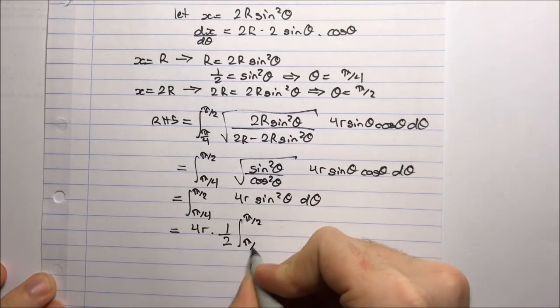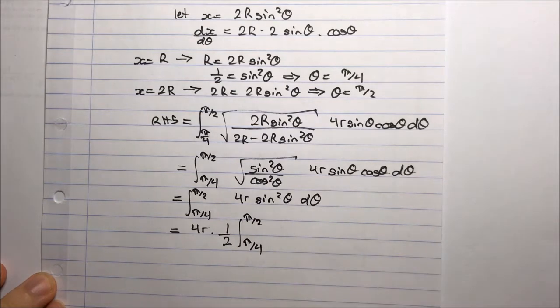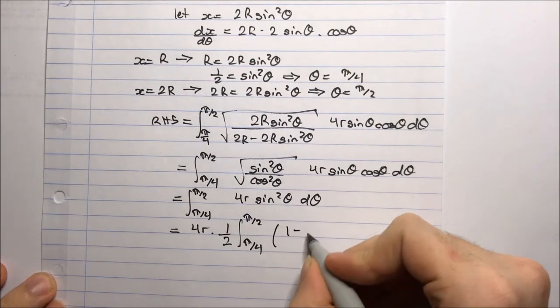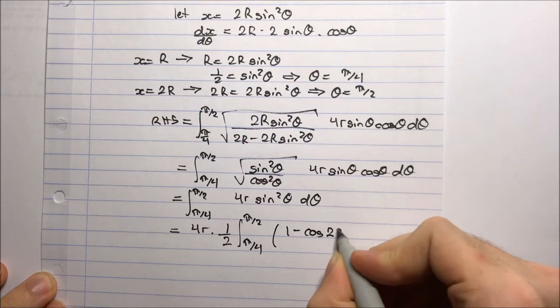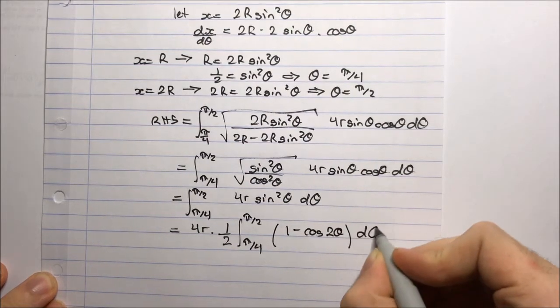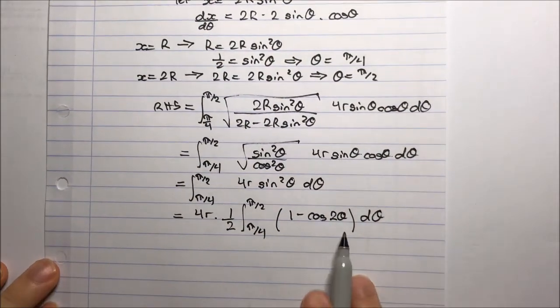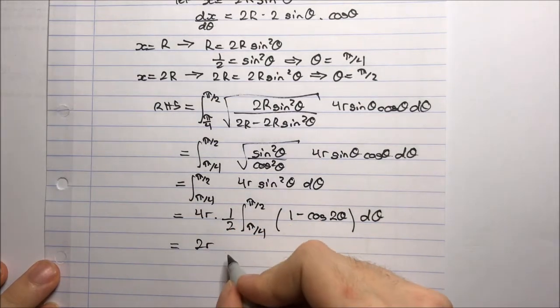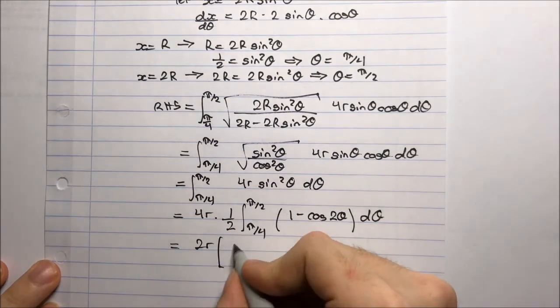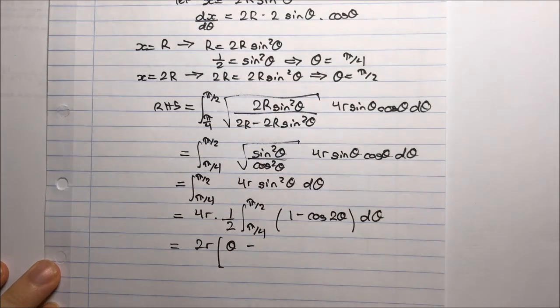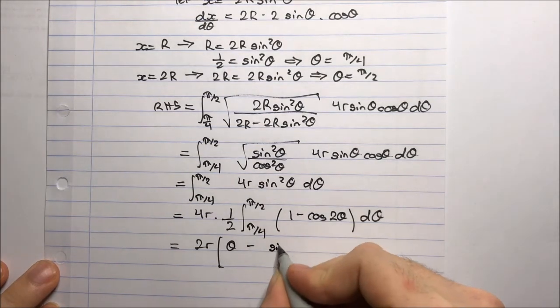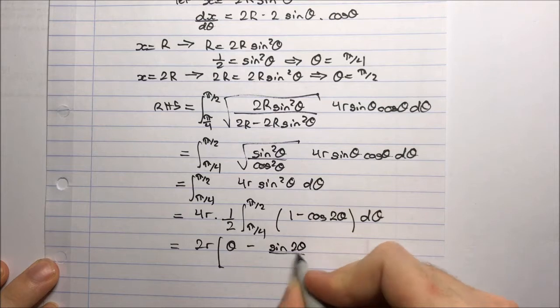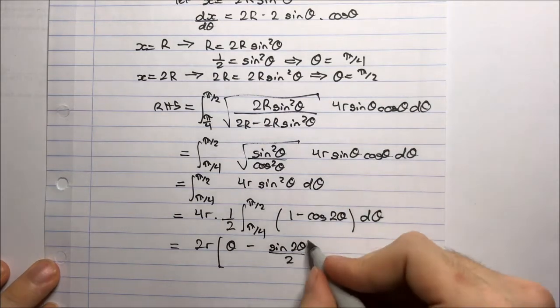So sine squared theta is equal to 1/2 (1 minus cos 2 theta). And now these are things that are relatively simple for us to integrate. If I integrate 1, it's theta. If I integrate cos 2 theta, it's sine 2 theta, and the chain rule tells us I divide by 2.